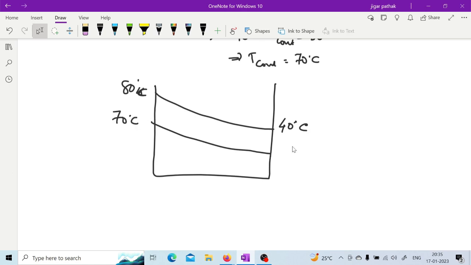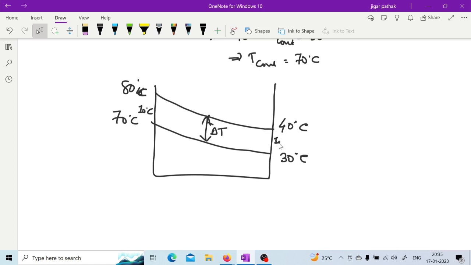As I told at that time also, what we are discussing is this delta T, which is going to remain the same. So it does not necessarily mean that the same temperature is going to drop in both liquids. Now it is clear, I guess.